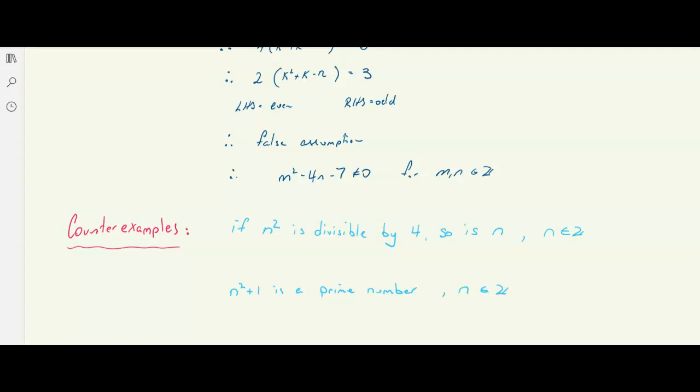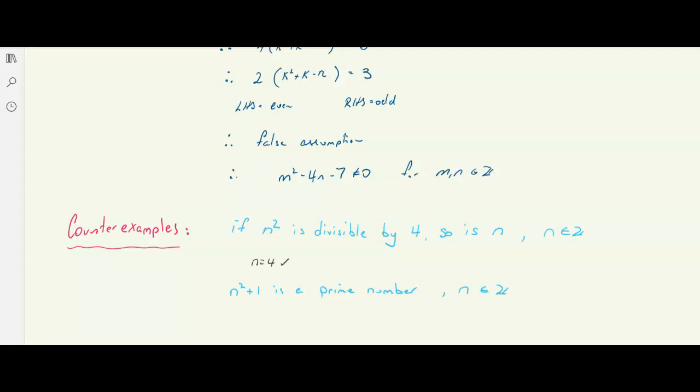That's all it's going to take, one counterexample. So let's think about what's a multiple of 4 that's a square. Maybe 16. 16 is divisible by 4, 4 squared is divisible by 4, and so is 4. Well, that's actually true. So 4 squared is not a counterexample. In fact, that just supports it.